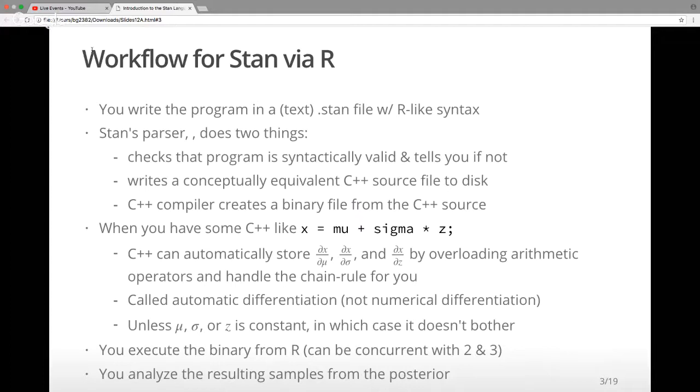When you just do these things yourself, R has no idea what was going on in the Stan program. It just sent the data off, and it got back basically a matrix of posterior draws.